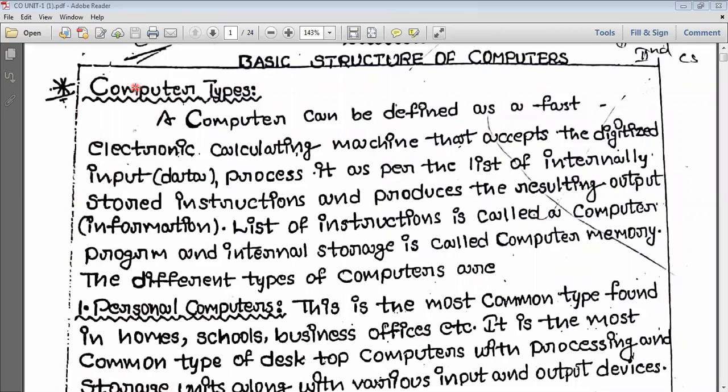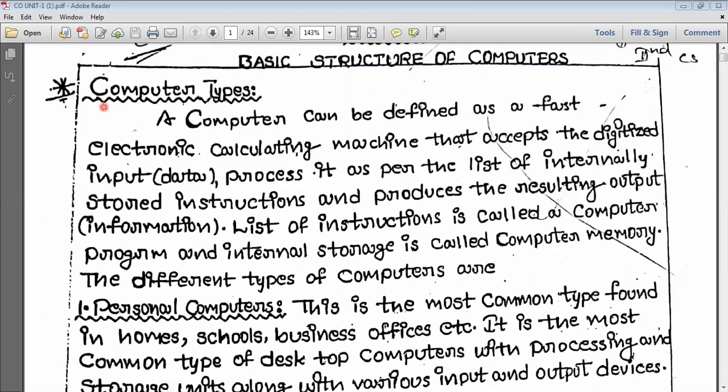Already in lower classes, we learned about the computer. The main parts are the input device, the processor, and the output device. Whatever input we give through the input device goes to the processor.